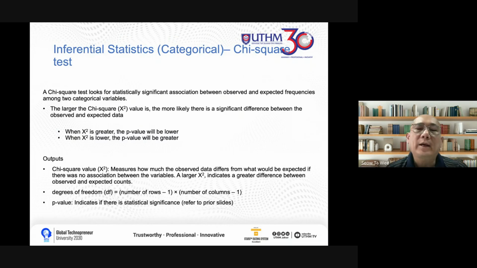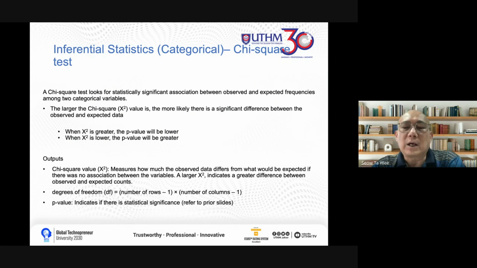For the chi-square, chi-square looks at whether the difference between the observed and expected frequencies among two categorical variables is significant. The output, chi-square, is the value X², the measure of how much the observed data differ from what could be expected.